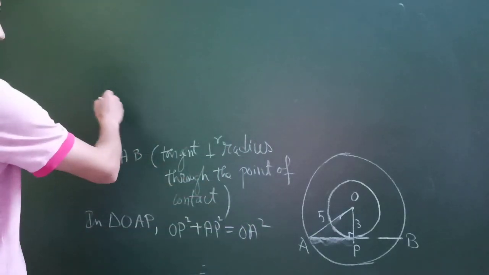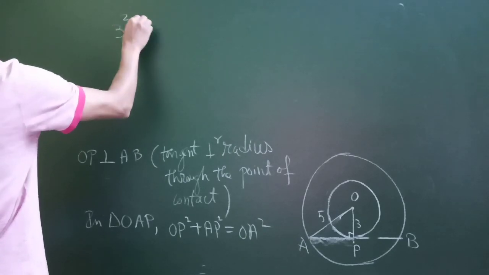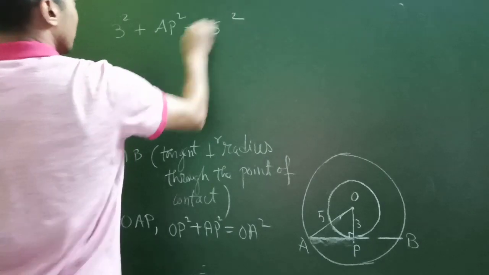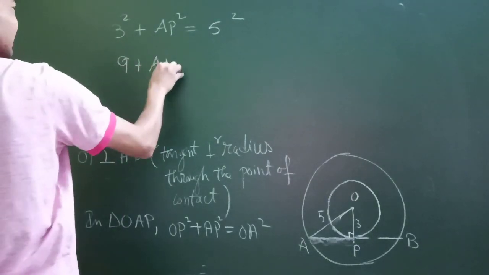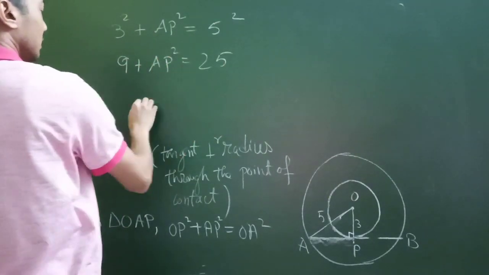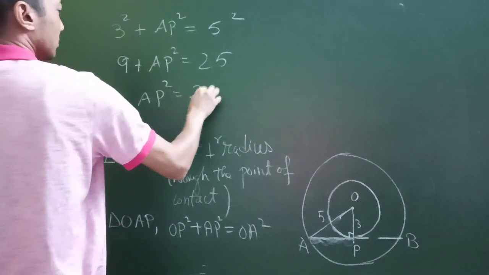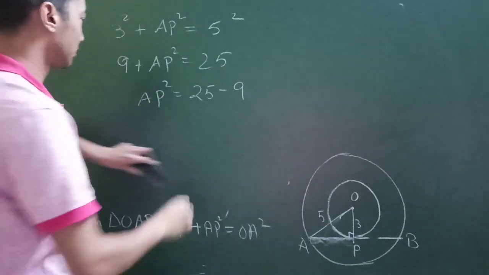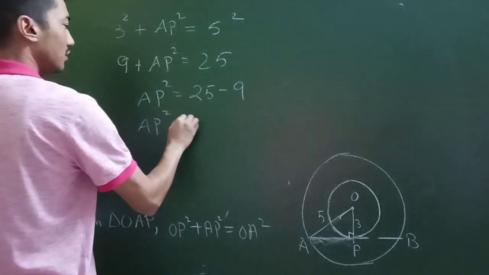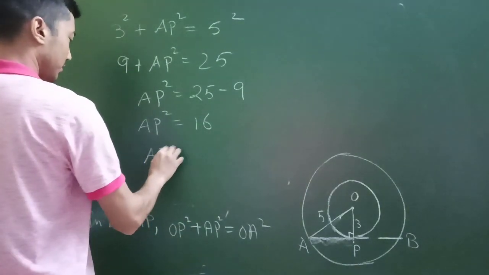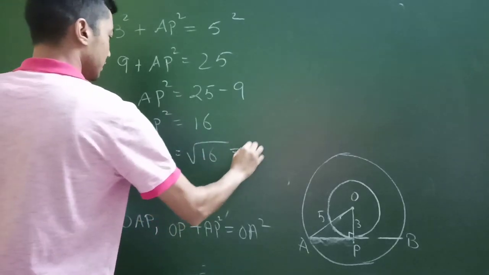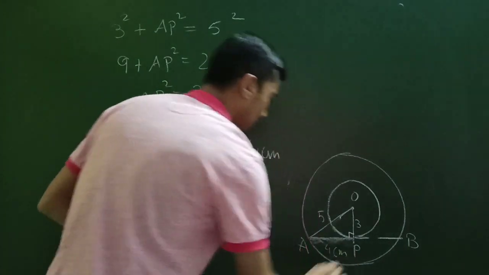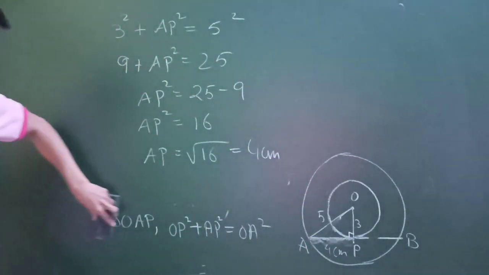So OP 3. 9 plus AP square equal to 25, AP square equal to 25 minus 9. Again we're finding out length, so for square root we are going to be ignoring the negative values, remember? 16, so that's going to be like 4 centimeters. So AP is 4 centimeter.